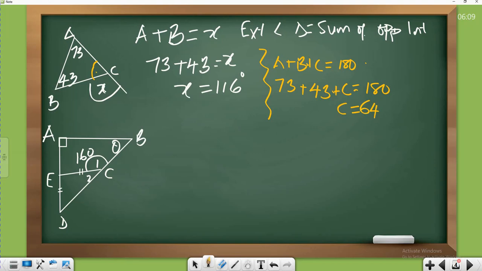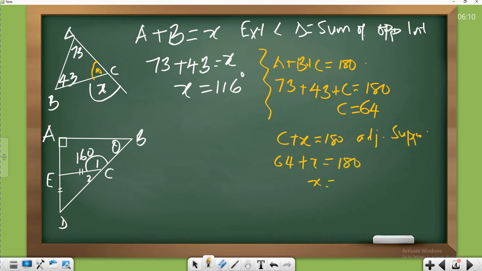Now, do you notice that this angle here and X is a straight line? And we talk about adjacent supplementary angles. So C plus X equals 180. So 64 plus X will therefore be equal to 180. What is X?